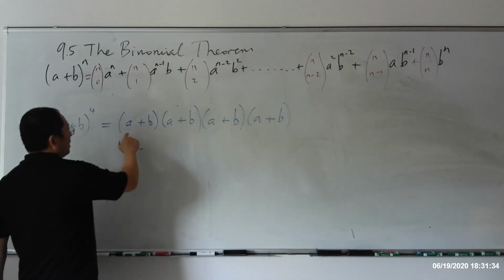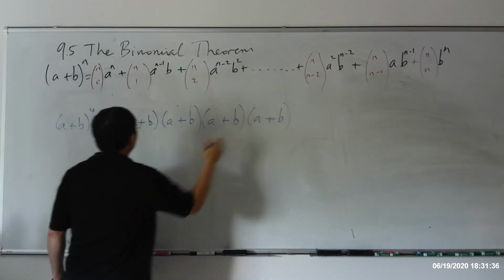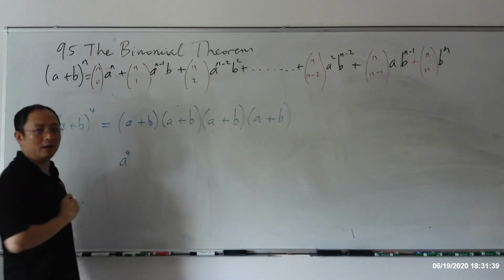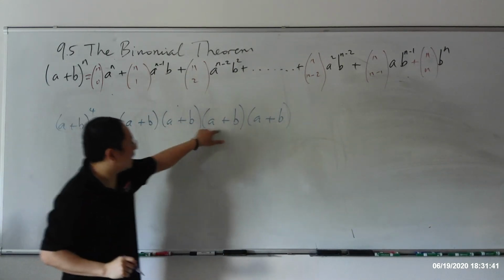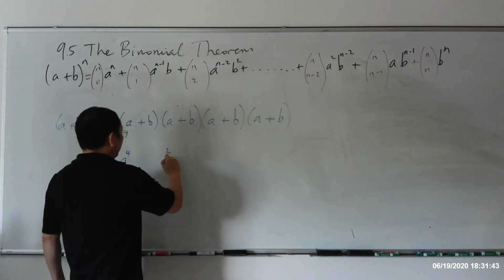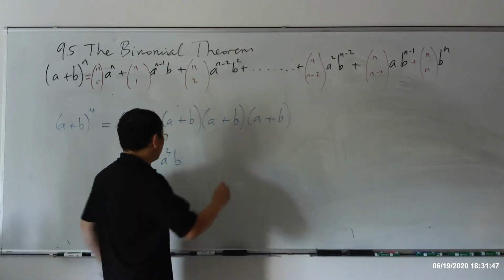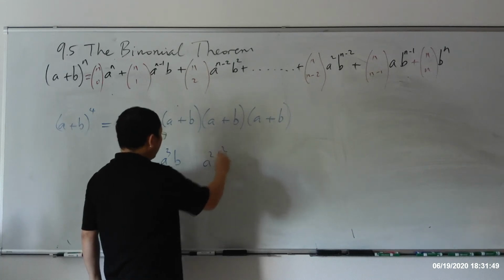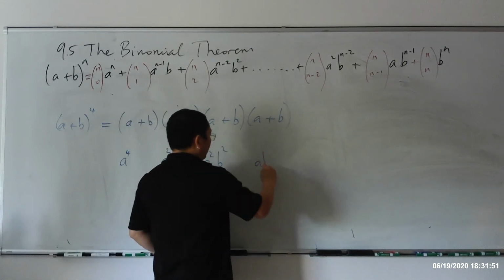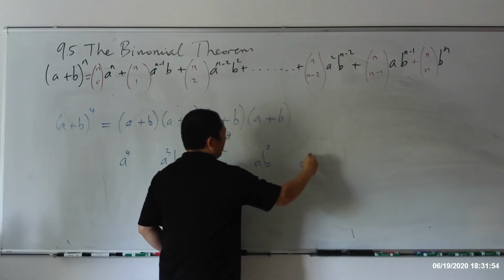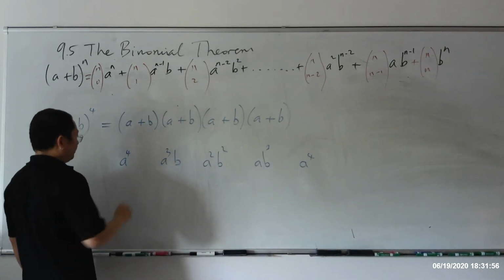If you take a times a times a times a, you have a to the 4th. Then a times a times a, then times b, you get a cubed b. And then a times a times b times b, you have a squared b squared. Similarly, you get a b cubed, and then b to the 4th. That's what we have.